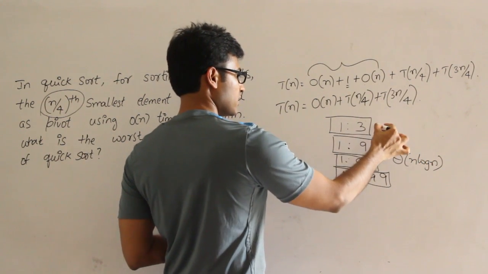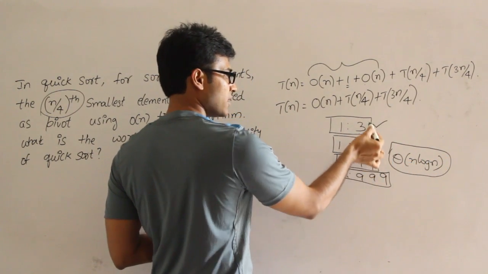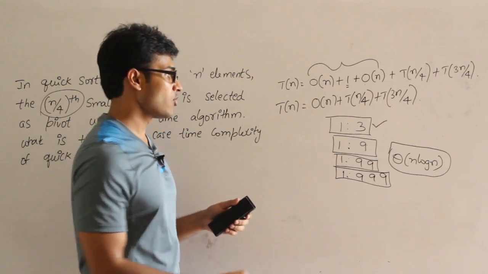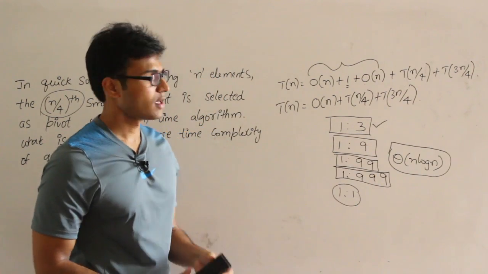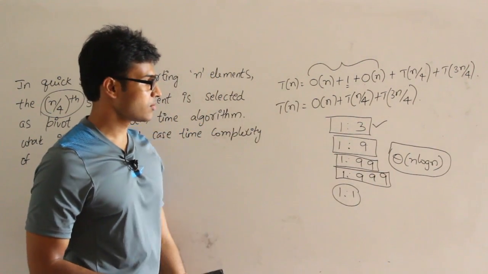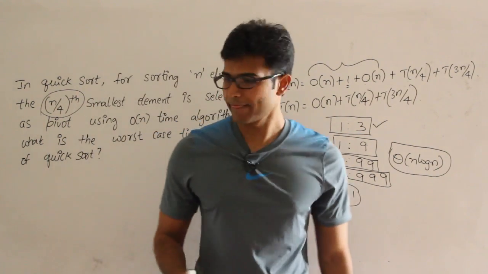Therefore definitely for 1:3 we get theta of n log n, because it is better than 1:9, right? And for 1:1 we have seen that it is n log n, and for 1:3 definitely it is n log n, right? Fine.